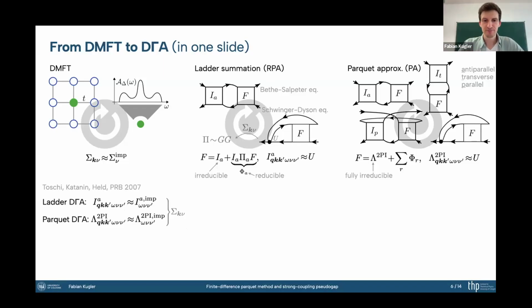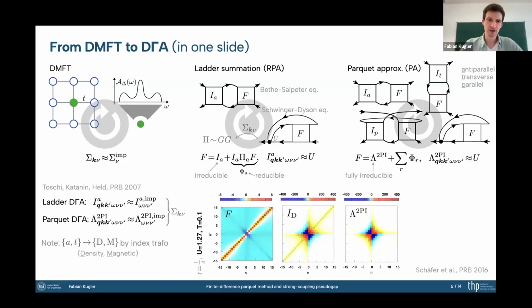And then after some time, an interesting observation was made, namely at some innocently looking point in phase space, we can look at the full vertex as a function of fermionic Matsubara frequencies. And it looks perfectly fine, has a magnitude of 8. But the irreducible vertices, they actually have a magnitude going up to 400. So these objects are divergent, have singularities.